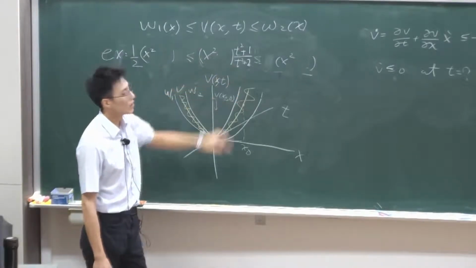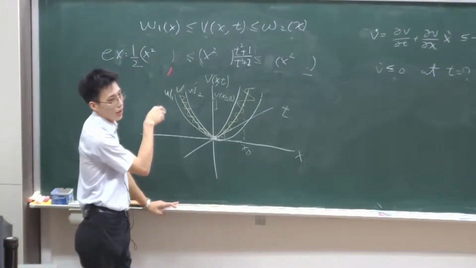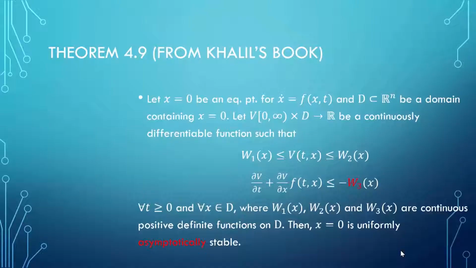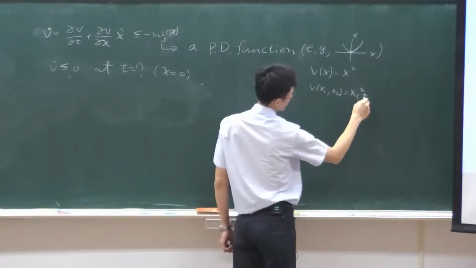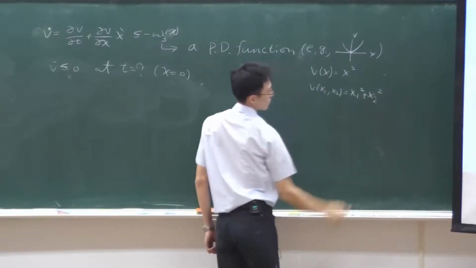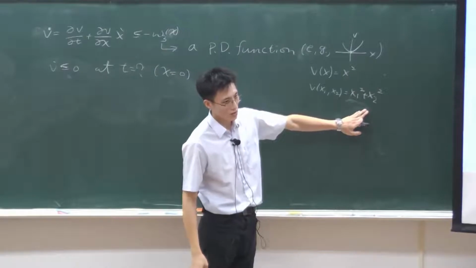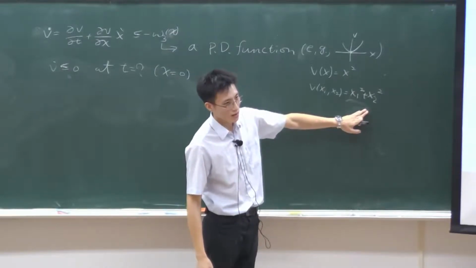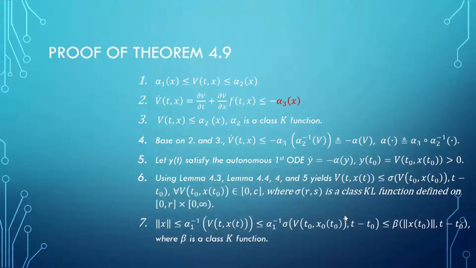Not this, because it's lower bounded by some PD function, which doesn't depend on time. The minimum value of this function is 0 because it's a PD function. You have written about this in homework, right? What is its minimum value? 0. And when it's 0, where is it? The origin. Right.